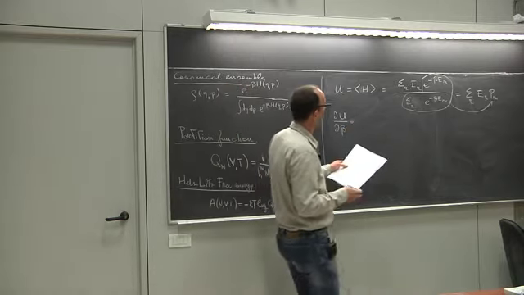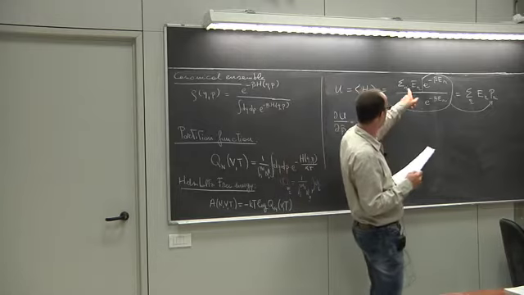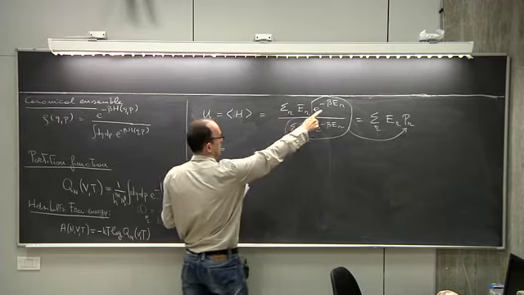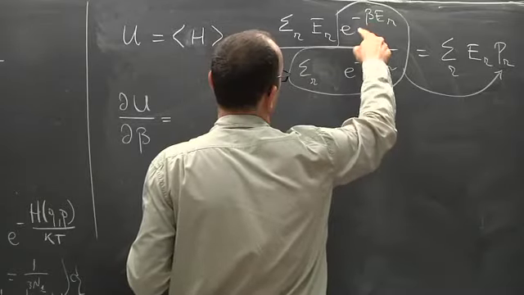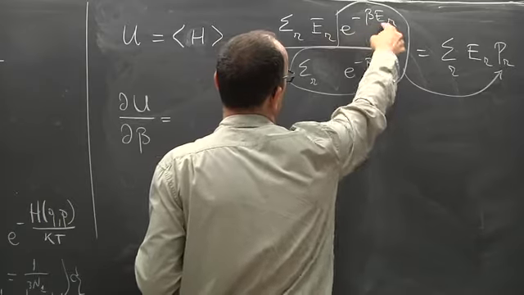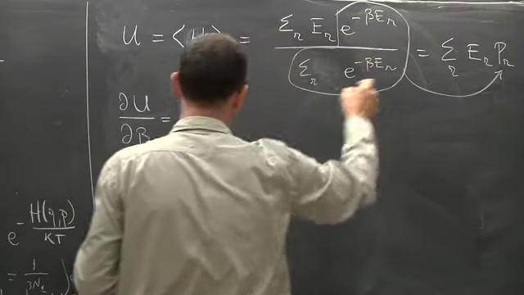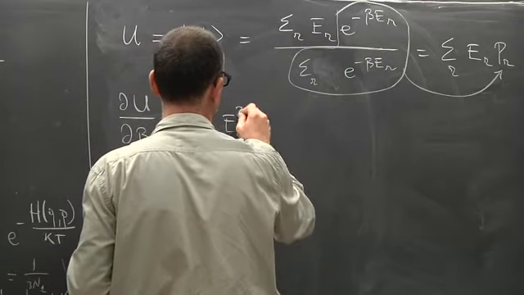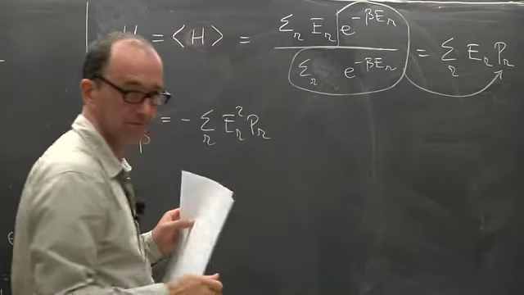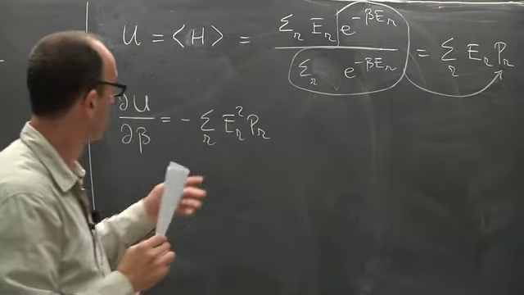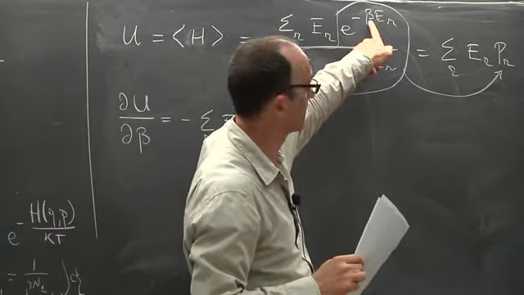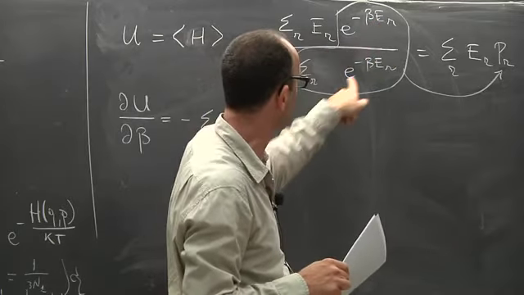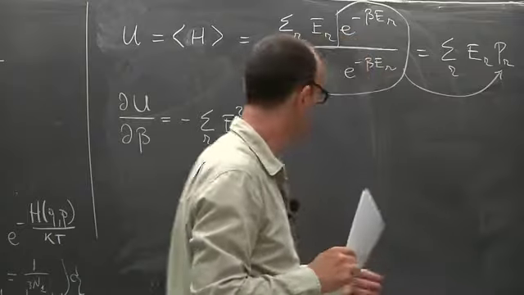If we take the derivative with respect to beta, you see that up here you have a term which is minus E_r times minus E_r, which is essentially minus the sum over r of E_r squared times P_r. Okay? So this is the term where you take the derivative here. There is a term E_r squared, and then what remains is just P_r.